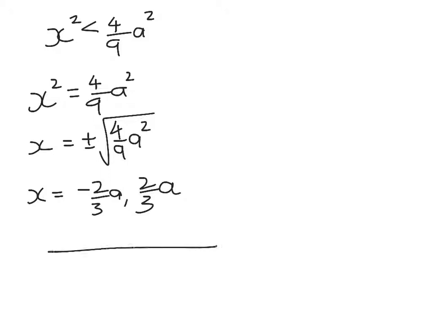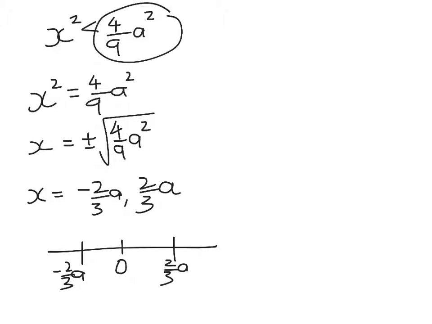So let's whack those onto a number line and see what's going on. We've got 0 here, 2/3 a here, and negative 2/3 a here. So when will x squared be less than this amount here? Well, it's going to be fine if x is in there.